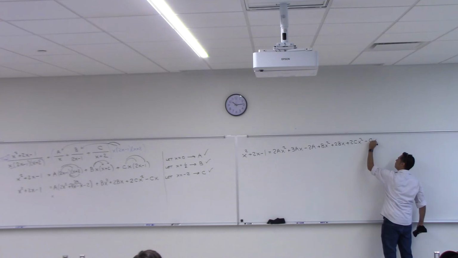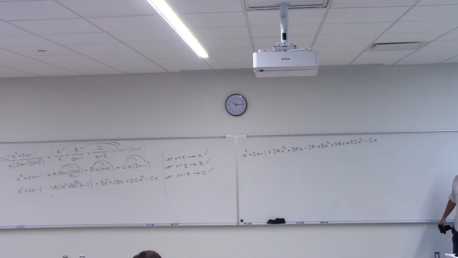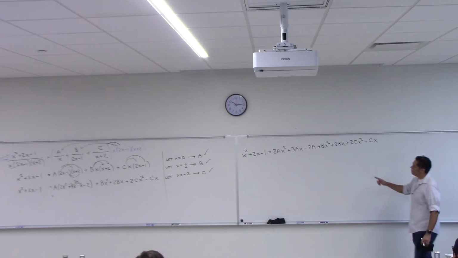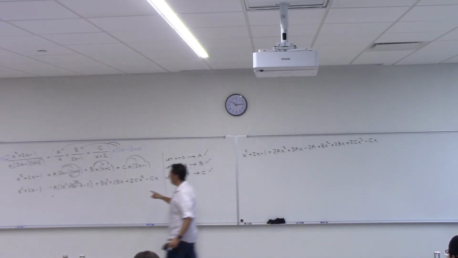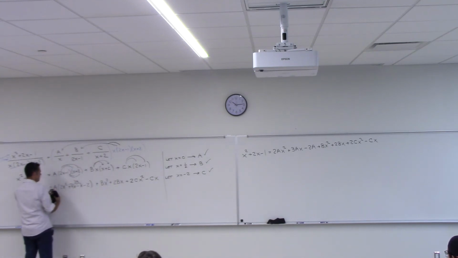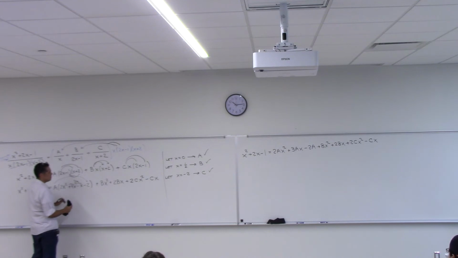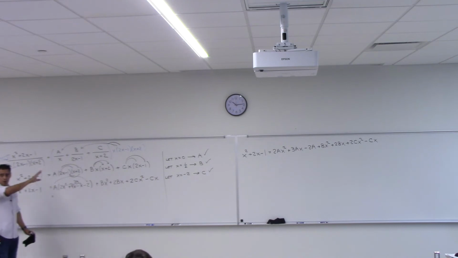Y'all double checking my work here? Does that look good? That 2a, is that missing an x? 2a. No, I think we're good. It's from here. This a went through right there. So now, all right, so we're okay here?